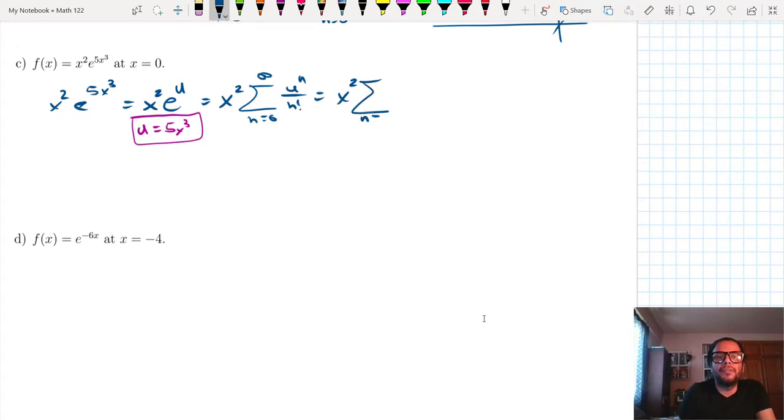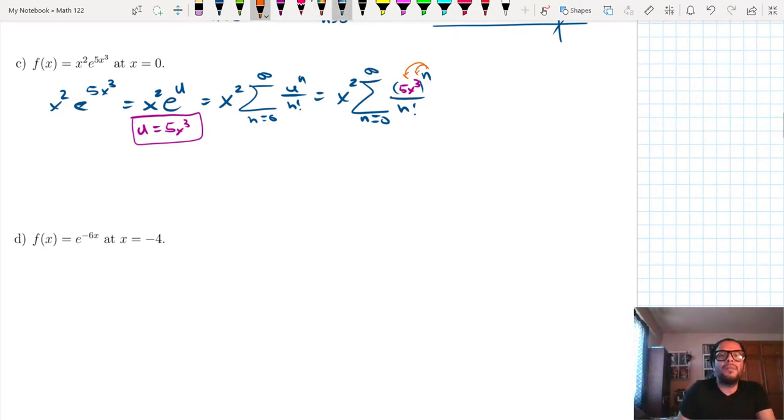Let's go back and substitute into u to the n over n factorial. For us, our u was 5x to the third power. What are we going to do here? We are going to distribute the power.